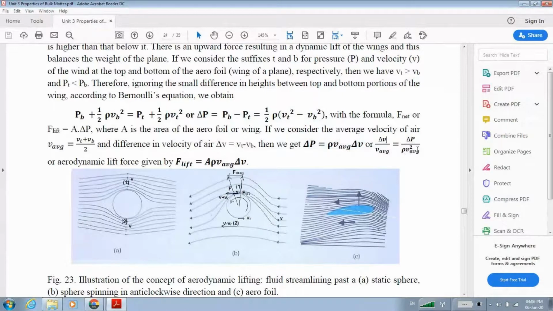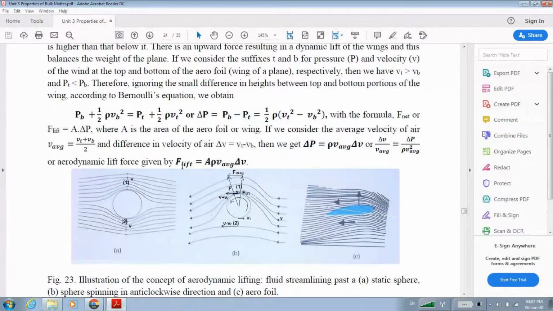So we have the lift force given by F lift equal to A into delta P. If you replace this delta P by rho V average into delta V, we can write F lift equal to A rho V average delta V.